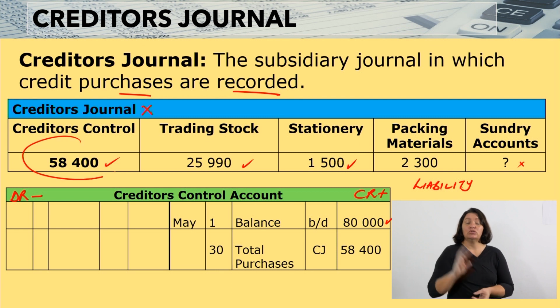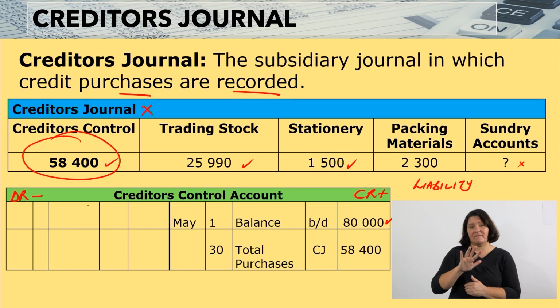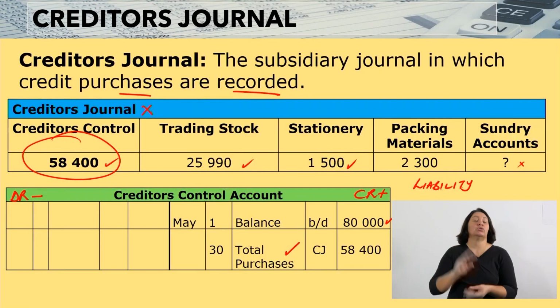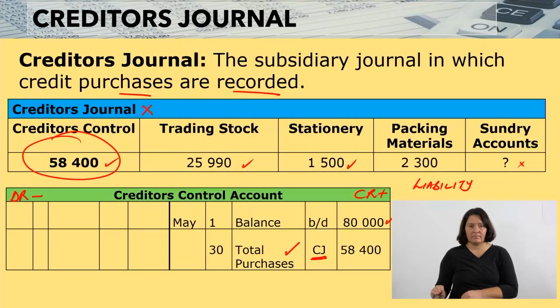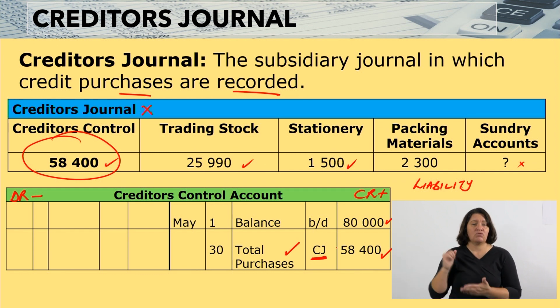And the total that we have bought on credit in this month is 54,800. This means our creditors control is going to increase in this case. We'll then come to the credit side and we'll say total purchases. We have taken the whole amount of credit purchases, taking this from the CJ, 54,800. It will increase my creditors control account.